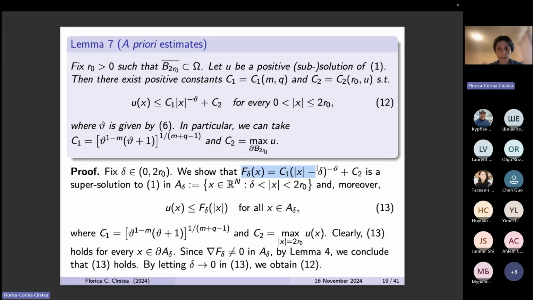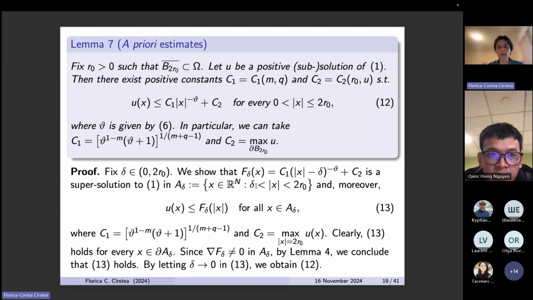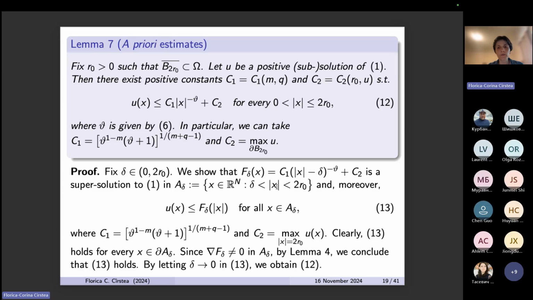The super solution that we construct is now on an annulus. You have to go away from 0, because at 0 you don't know anything about an arbitrary solution. So we go away from the origin. We work on an annulus with the modulus of x greater than delta and less than 2R0, and the super solution blows up on the sphere of radius delta.